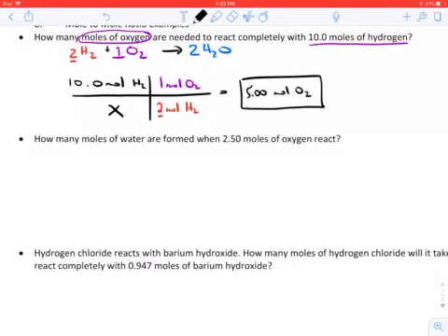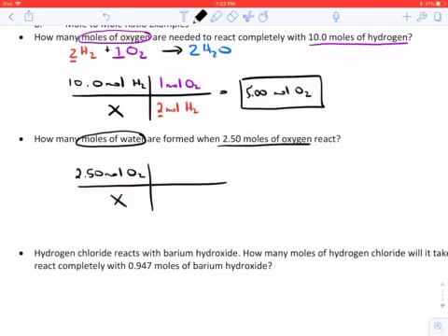For this next example, it says, how many moles of water are formed when 2.50 moles of oxygen react? We're looking for moles of water. Our first step is to start with 2.50 moles of oxygen. That's what's given to us in the problem. We're going to put an X right down there.